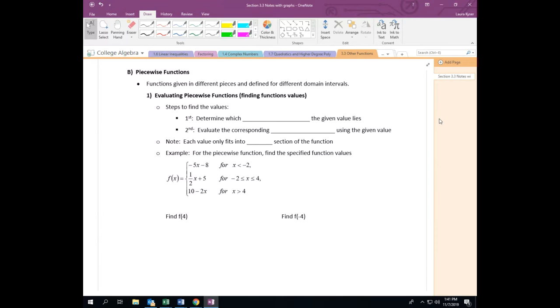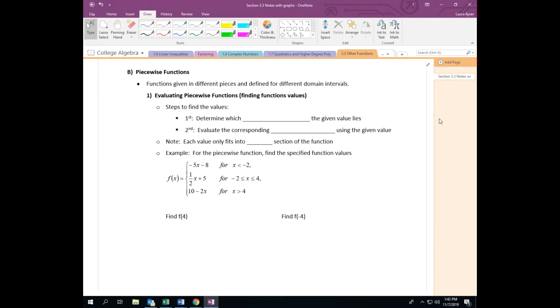So the x's that you can plug into these go from negative infinity to infinity, but they're kind of chopped up into different groups. Those different groups are the intervals that are allowed to go into each one of the corresponding functions.